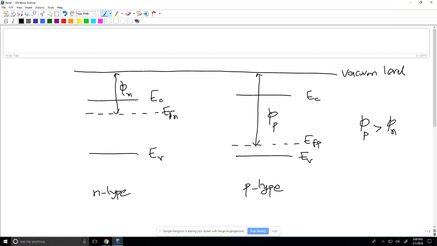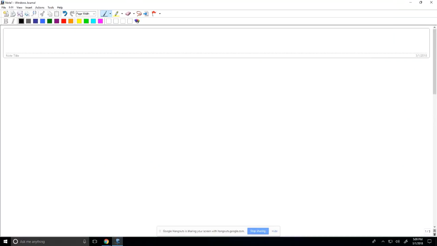In this course, we have so far looked at metal semiconductor junctions, which can be Schottky or ohmic junctions. And we have also looked at semiconductor junctions, which are primarily PN junctions. So let us try and draw some of these again using these energy band diagrams to help us clarify some of them.